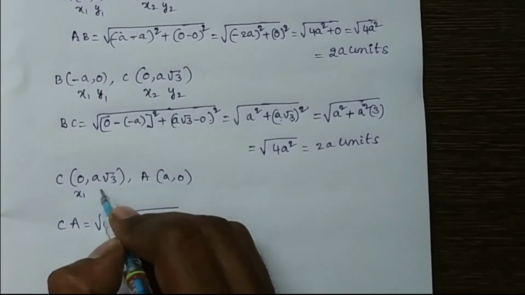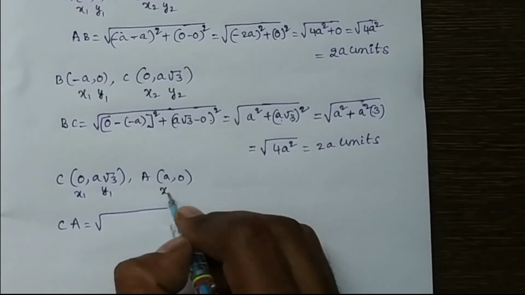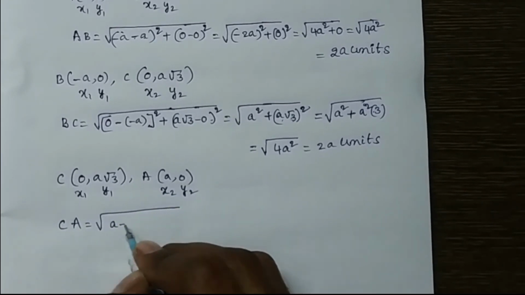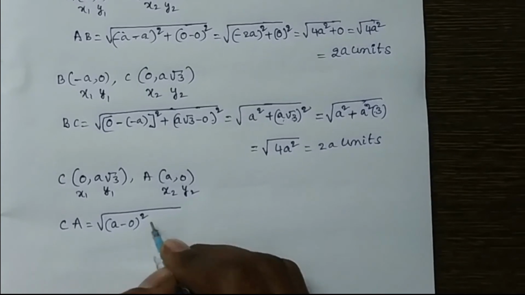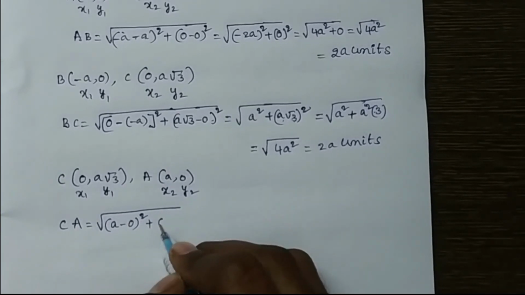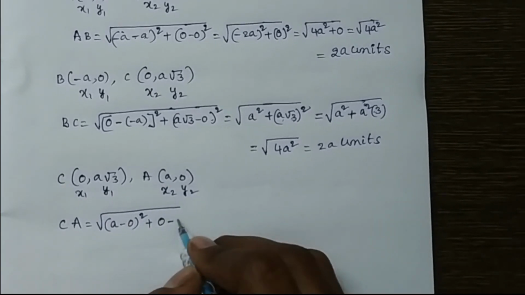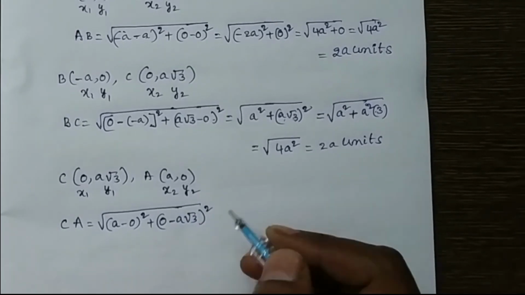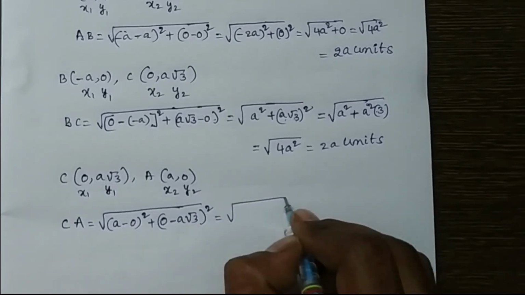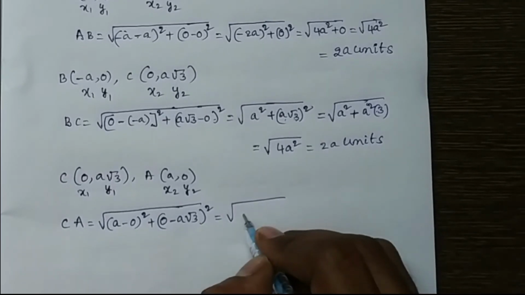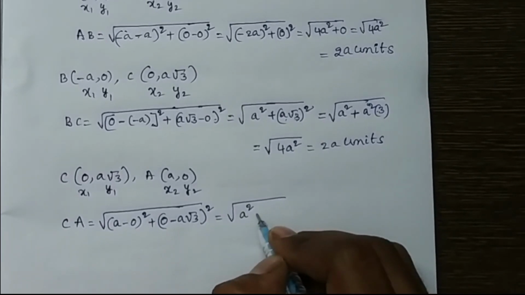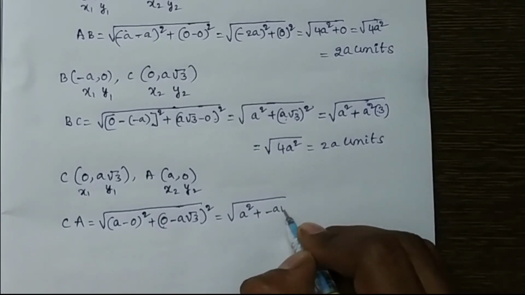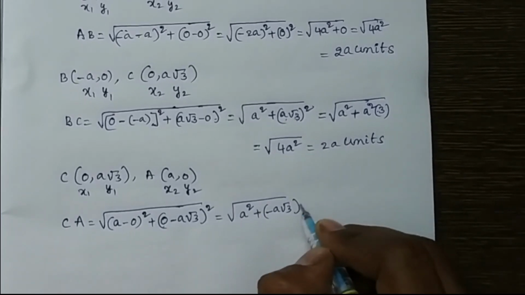Take x1, y1 and x2, y2. x2 minus x1, (a minus 0) whole square, plus (0 minus a root 3) whole square. The square root of a square plus (minus a root 3) whole square.